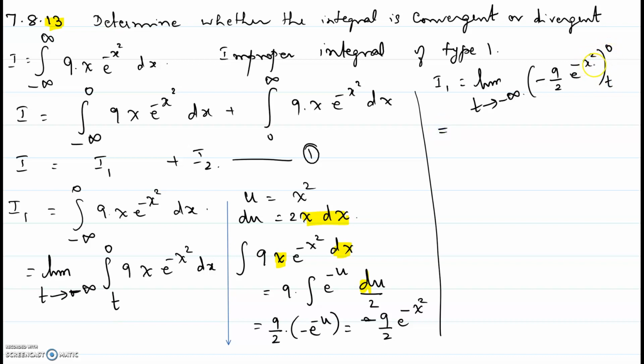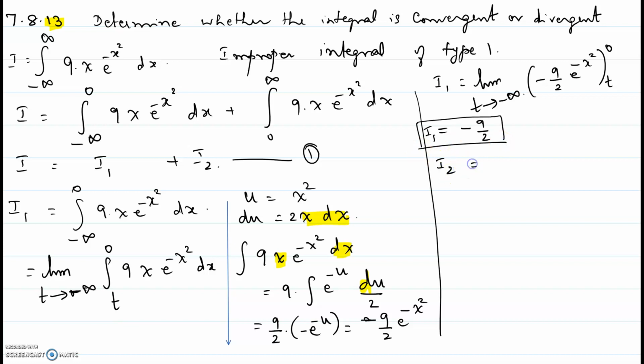If you plug in the upper limit for x, it will become e to the 0, which is equal to 1. So that will be negative 9 halves. Then if you plug in the lower limit, you will have e to the negative t squared, but t approaches negative infinity. That will be 0. So I1 is simply negative 9 halves.